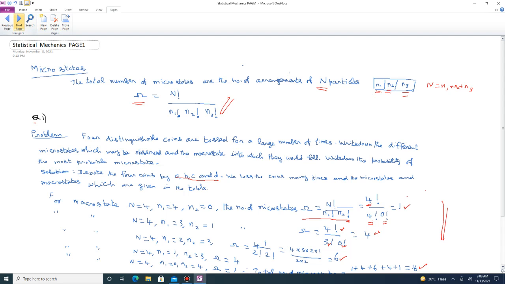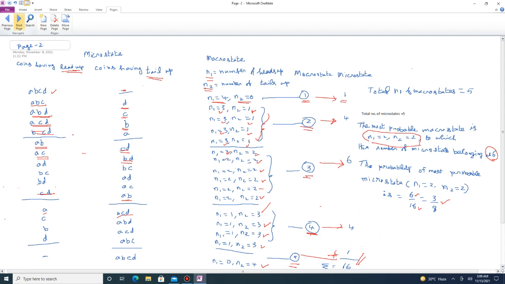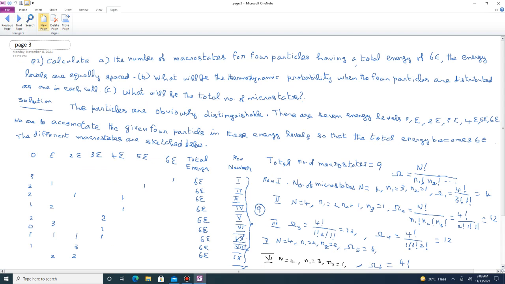Then we will go to the next problem. So this is problem number 2. Calculate the number of macrostates for 4 particles having a total energy of 6E.